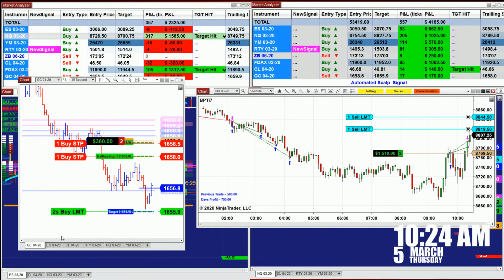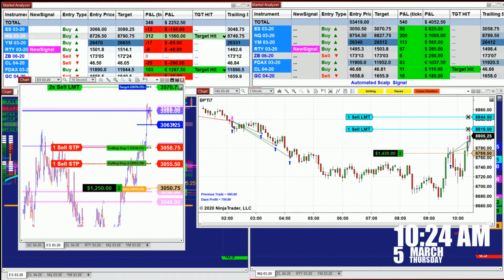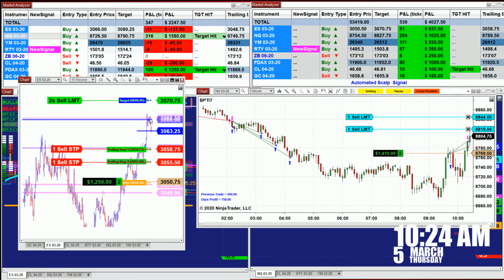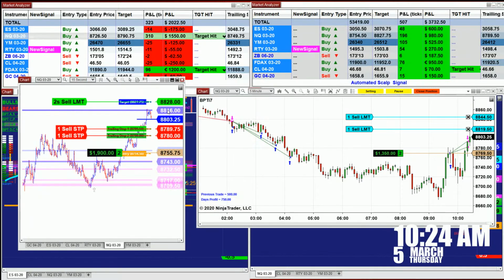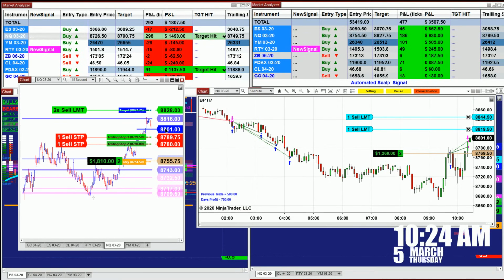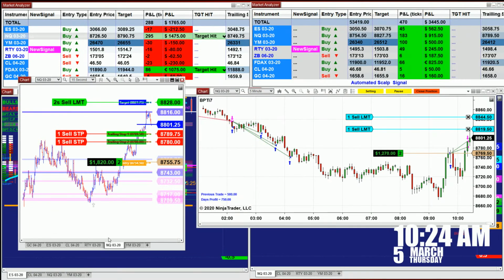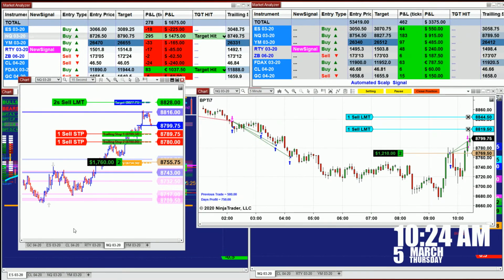And the ES, look, came in again to those same numbers and started sinking again. Nasdaq, look at this. 8816 came in right to the resistance line, and we were not that far from the target, and now it's sinking, but there is a profit. I'm leaving it alone.